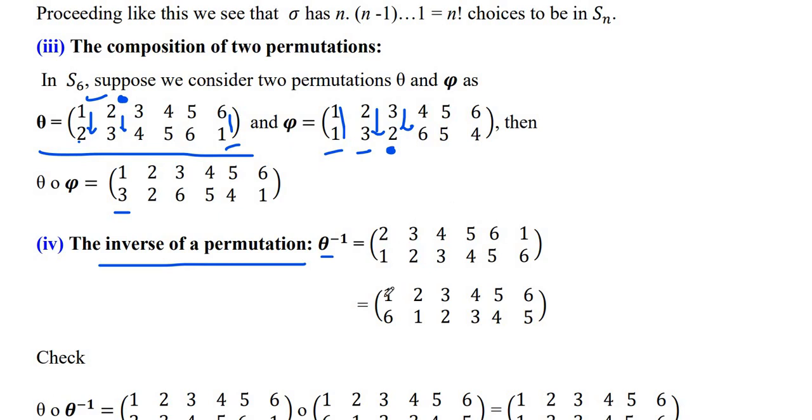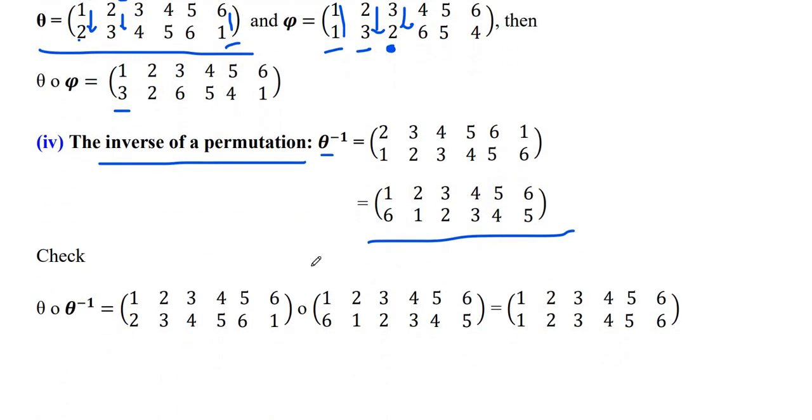But we usually write the first row entries in ascending order. So when we consider 1, 2, 3, 4, 5, 6, the image of 1 under theta inverse is 6. And the image of 2 under theta inverse is 1. Like that, in that order, we rewrite this and we have this. So just interchange the rows to get the inverse.